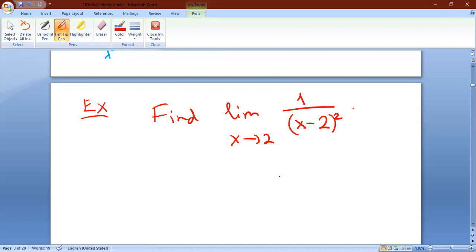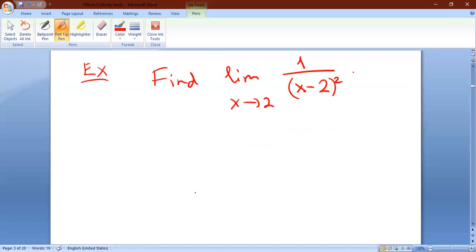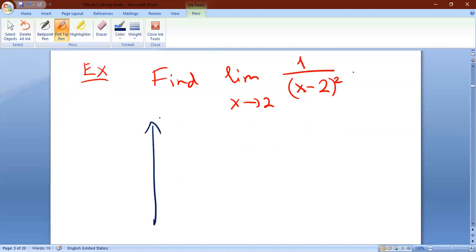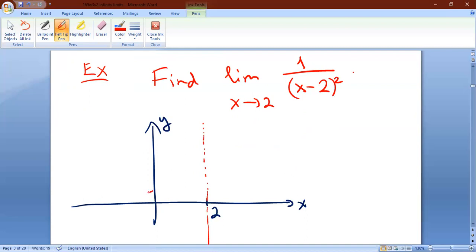So if you look at the graph of this function, I mean, if you sketch this function, you will see something like this. Let's say this is the y-axis, this is the x-axis, and at 2, what will happen is this. You are going to see something like this. Okay, it's going to get positively larger and larger.